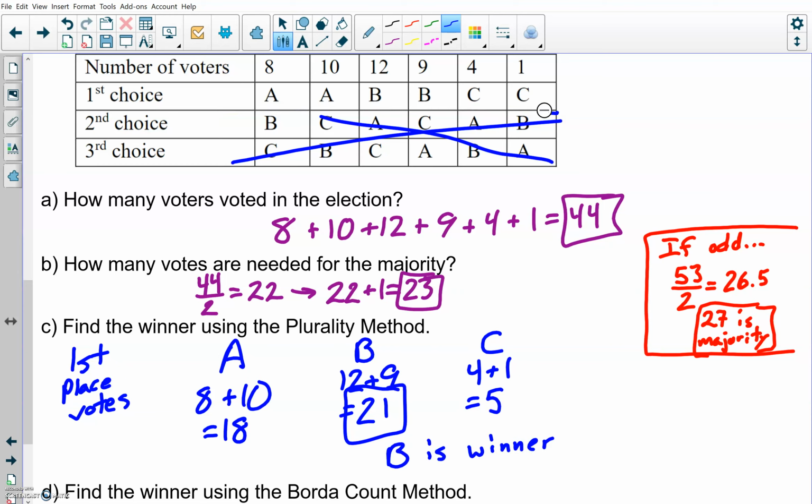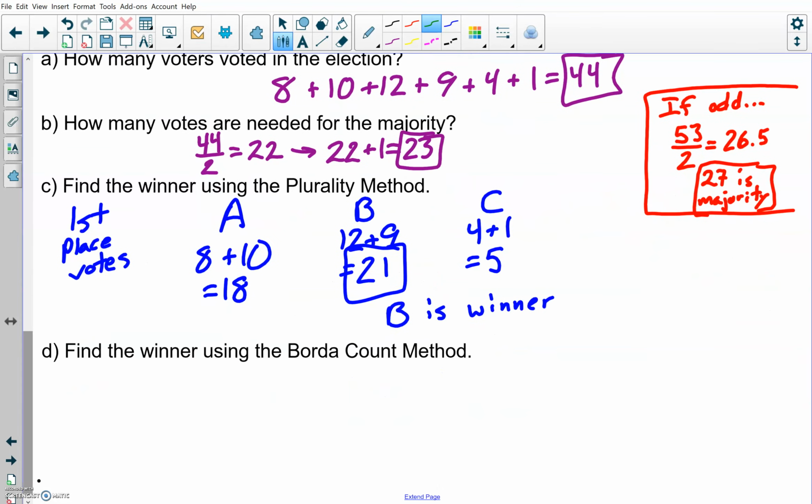All right, so let me clean this up a little, and we're going to move into the Borda count method. For the Borda count method, we need to have a point system. So first place, there were 3 candidates. First place gets 3 points. Second place gets 1 less, 2 points.